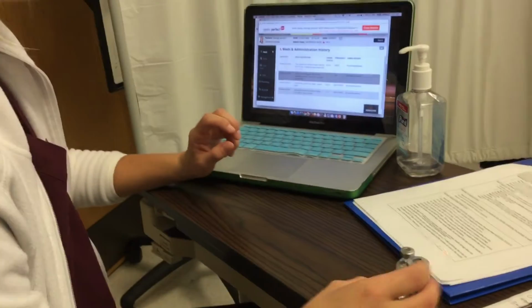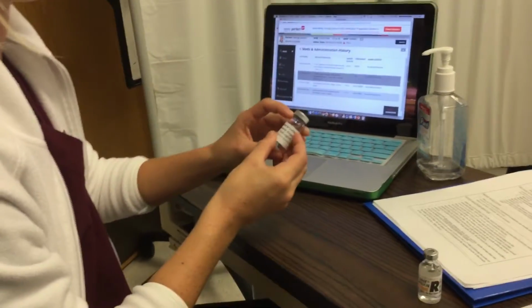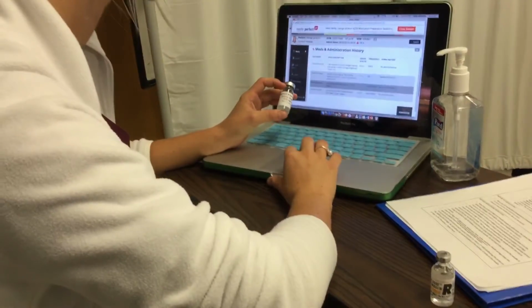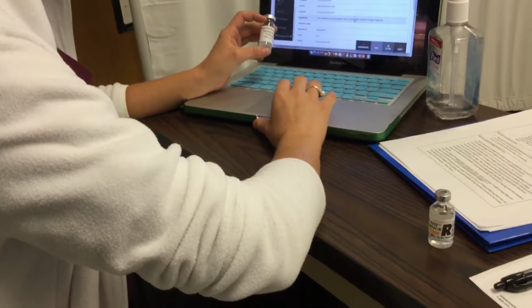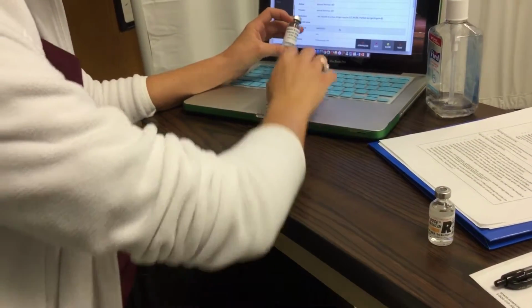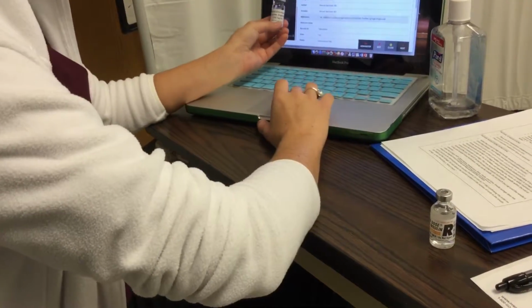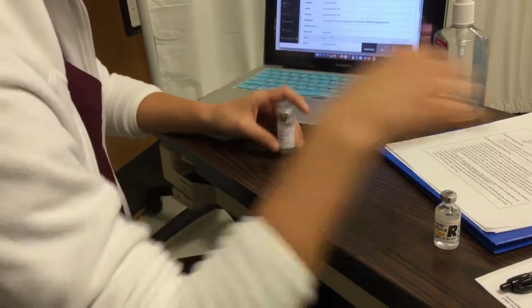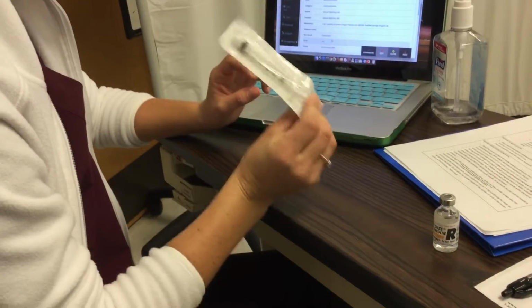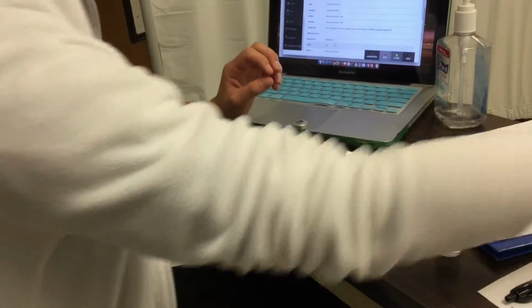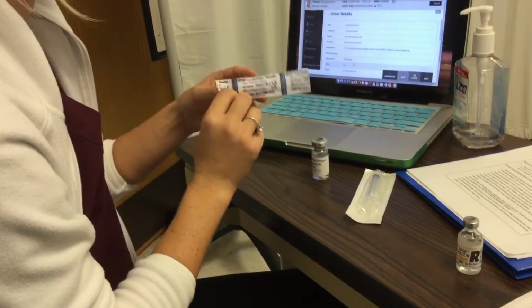So the next med I'm going to prepare is going to be the hepatitis B. With the Hep B, I make sure that it's the correct dose. It is going to be 1 milliliter, so I'm going to use a 3 milliliter syringe. The size of the needle is based off of my patient's weight.